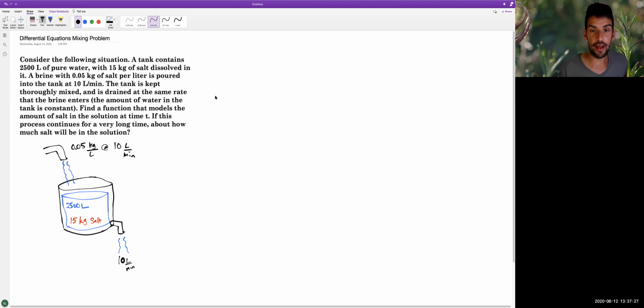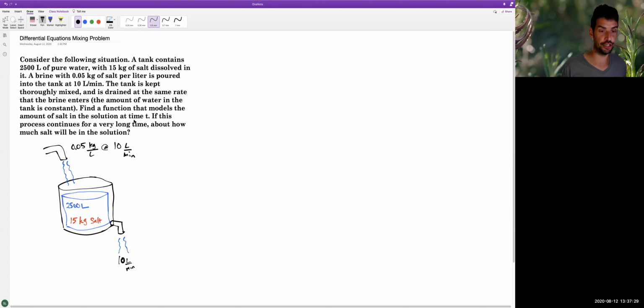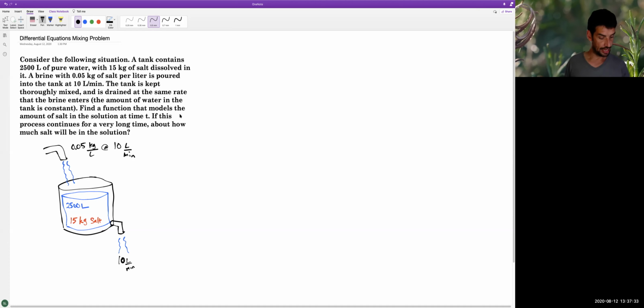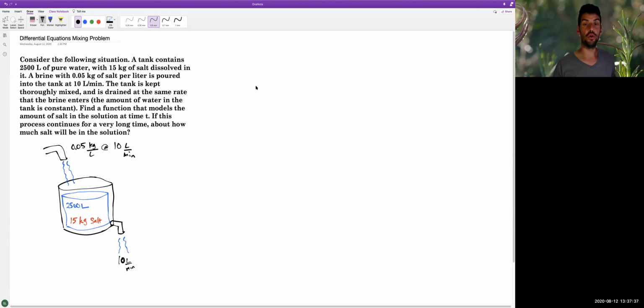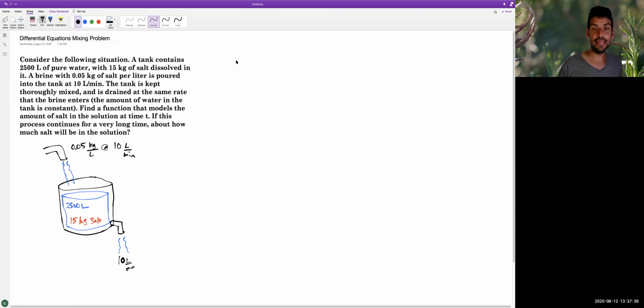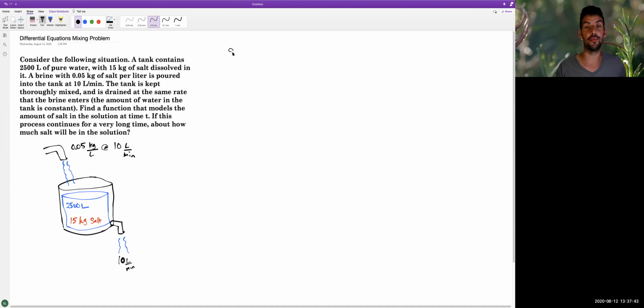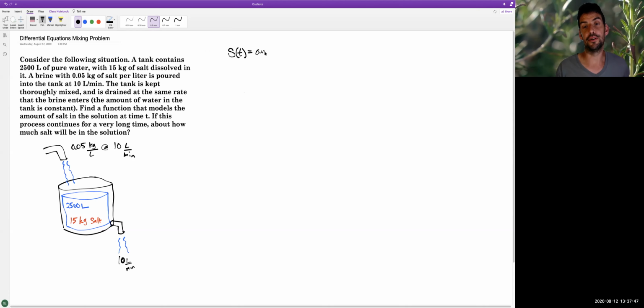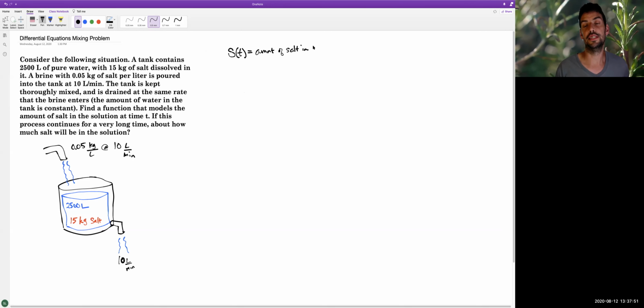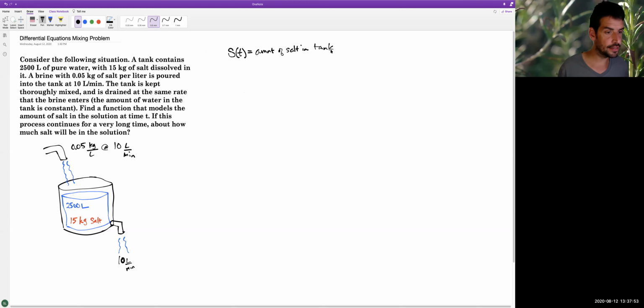All right, what we're looking for is a function that models the amount of salt in the solution at time t. So let's name the thing we're looking for, right? This is always among our first steps. So I'm going to call it S for salt, and this is going to be the amount of salt in the tank, right?